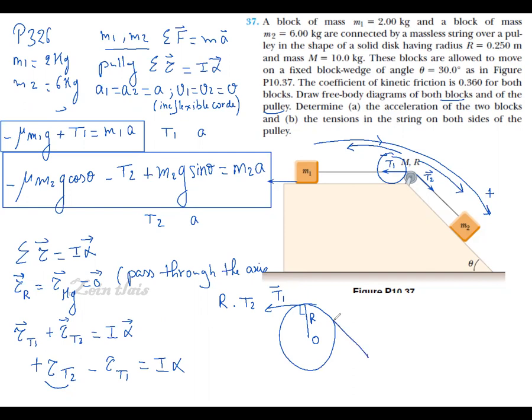And the same for this one, here we have tau equals r times T2. This is the calculation of the torque tau. So r T2 minus r T1 equals I times alpha. So here, as you see, it's a simple relation between T1 and T2.